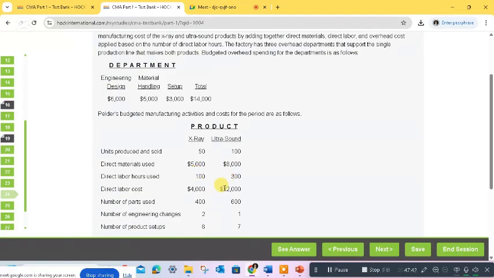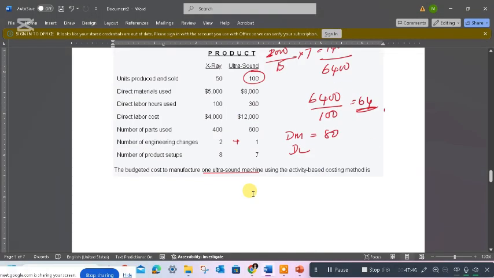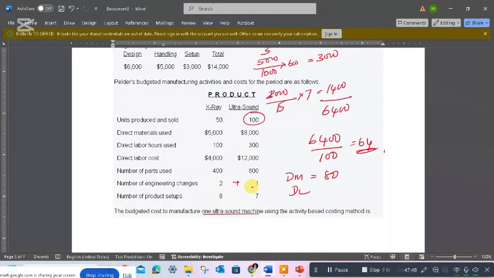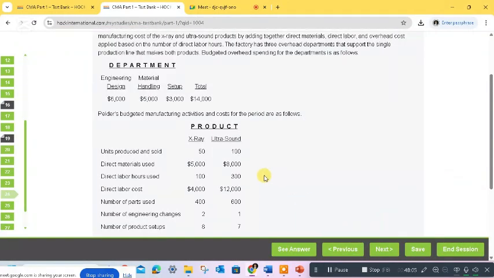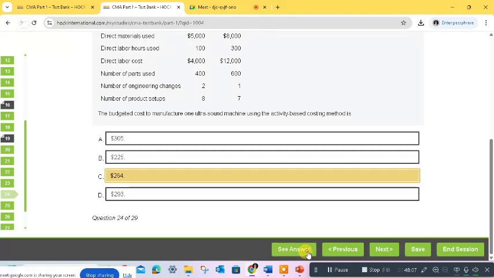Yes, you are right. 12,000 for 100 units divided. 12,000 divided by 100, 120. Overhead you get from here, 64. So altogether 264. Material 8,000 divided by 100, 80. Labor 12,000 divided by 100, 120. Overhead 64. So 264 is the right answer.